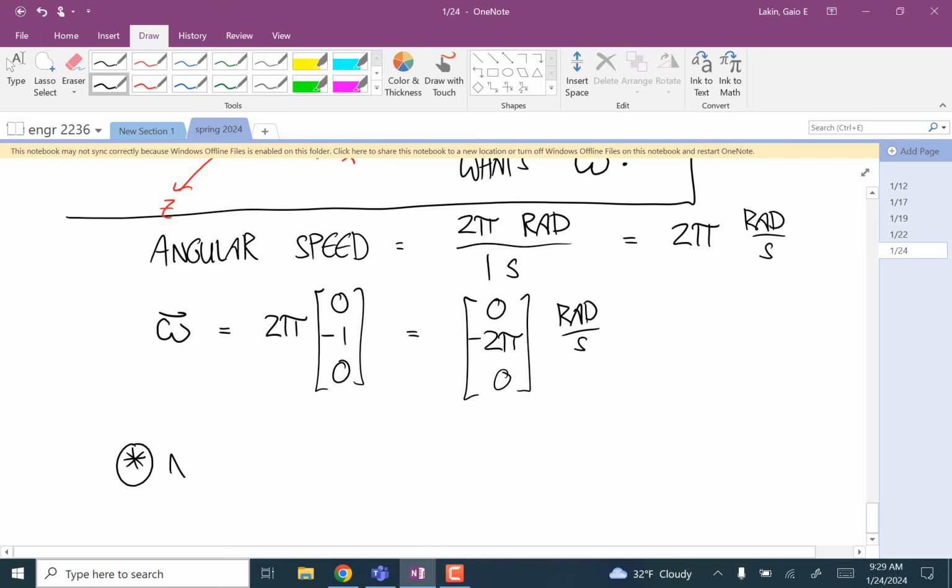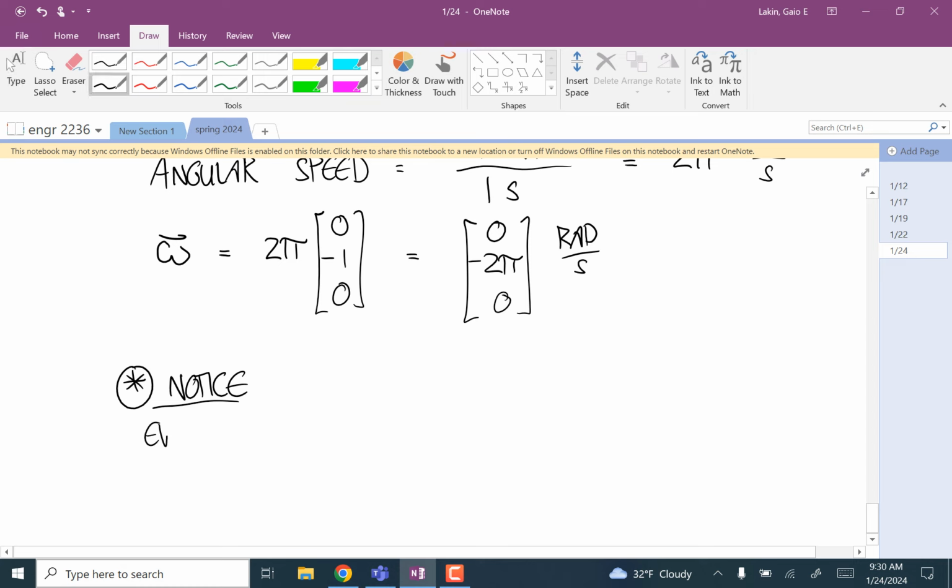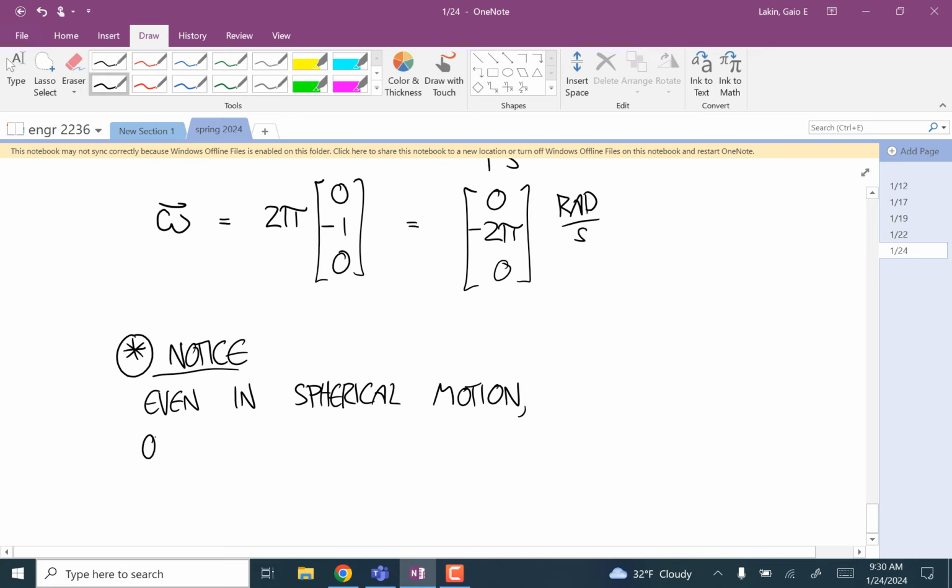So let me write it like this. Notice, even in spherical motion, over an infinitesimal time interval, the motion is circular.